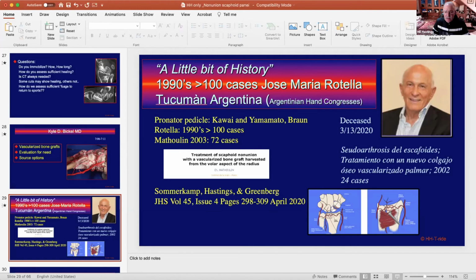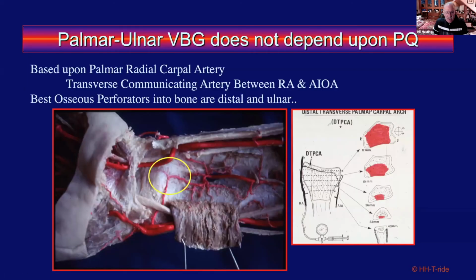I'll show you another picture too that Kyle just alluded to. Here you see the dissection by Carlos Seidenberg looking at the pronator quadratus flipped back. And then here you see this plexus that Kyle has just talked about. Through dissections with Carlos, we found that the densest and the best cancellous bone was distal and ulnar.